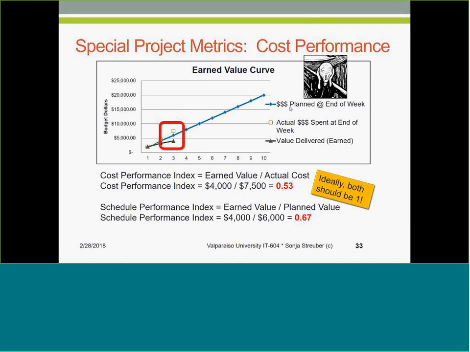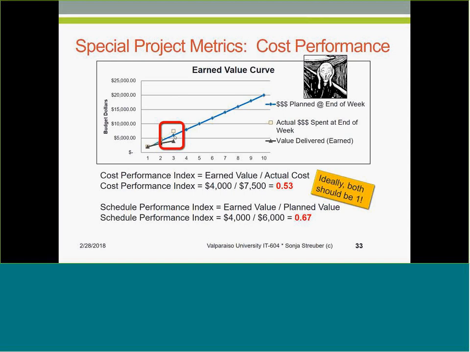And then we look at the value that was delivered. We see that the discrepancy between the orange square and the gray triangle here is pretty dramatic. And we're also seeing that the blue line here is really lower than the orange square, which means that we spent more than we had planned, and we earned less value than we had planned. For that, we have metrics that we can capture.